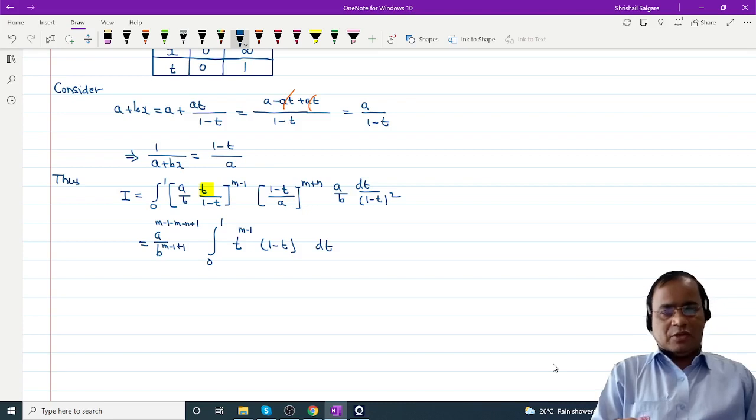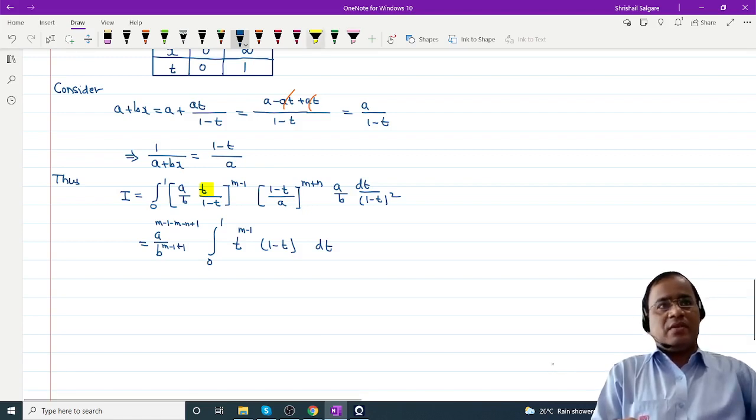Remember the factor 1 minus t you are writing in the numerator, so while writing the first power you have to change the sign, you have to take the reciprocal. That comes as minus m plus 1. Now in the second, that 1 minus t with that power is in the numerator, that remains same, plus m plus n. And the last one, minus 2, is in the denominator.